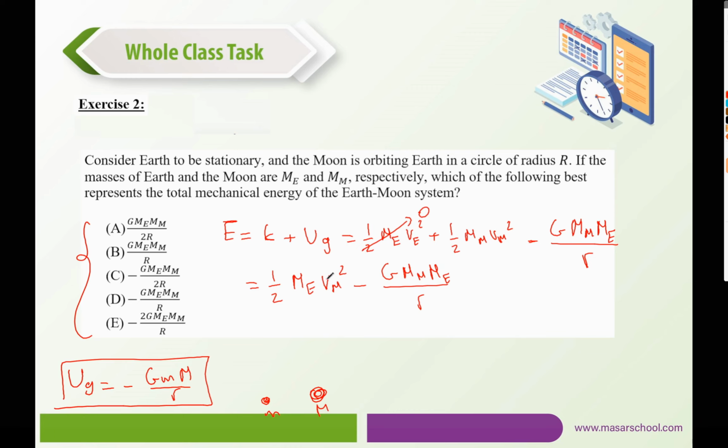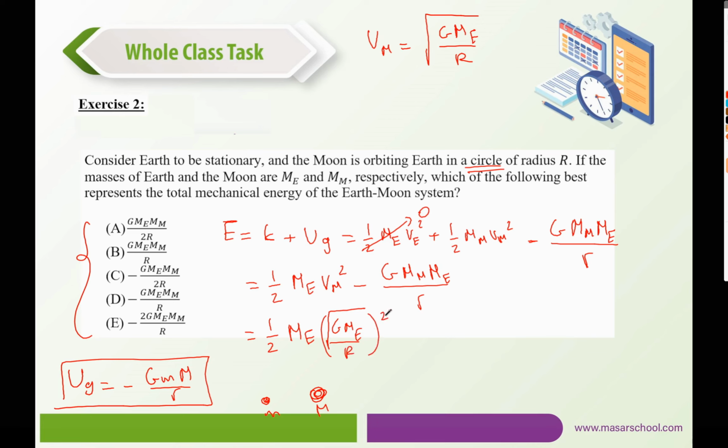VM represents the speed of the moon, and if we're talking about a circular orbit, VM can be written as the square root of G m of Earth divided by r, where m of Earth is the central mass. So this can be written as half mm. Now the power 2 cancels the square root, giving G me over r.